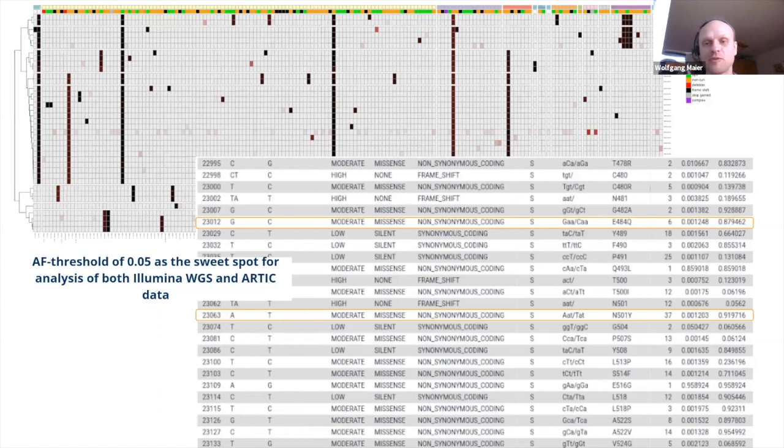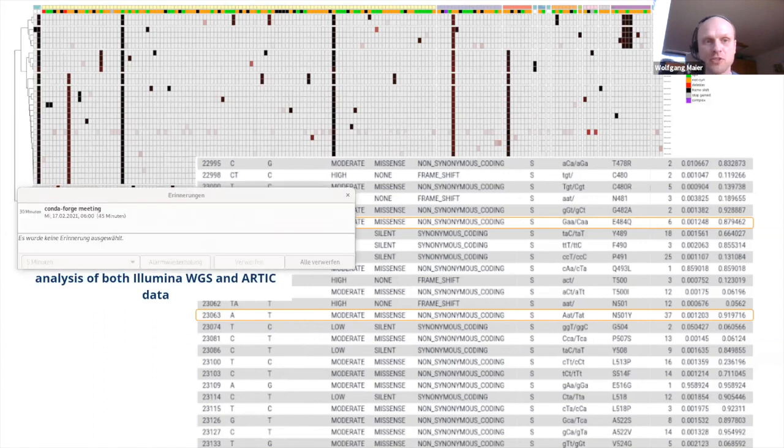So at a frequency as low as 0.05, we can still be relatively certain about our variant calls. Our estimated false positive rate there is below 15% for both Arctic and whole genome sequencing data. And you still have a true positive rate of about 80% at this low range.